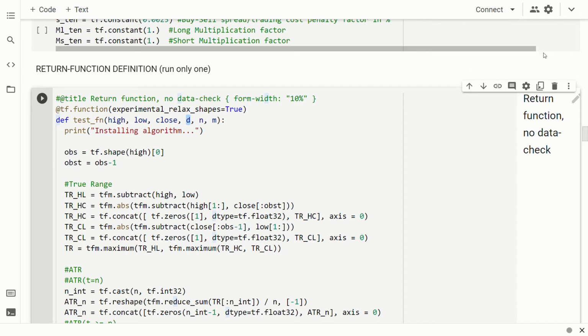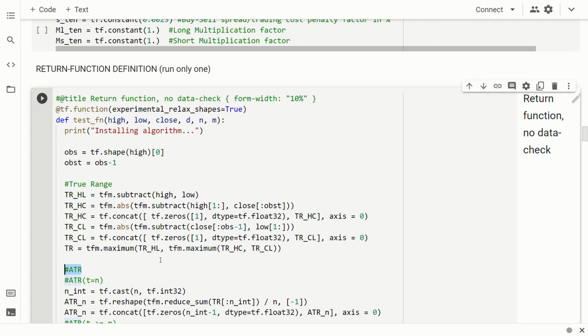And as you can see, here we are computing the true range, then we are computing the ATR. I'm not going into it, but the basic idea is that we are doing exactly what I explained in the first part of this video. The only peculiarity is that in this case, given that this is a TensorFlow function, we have to use matrix algebra.